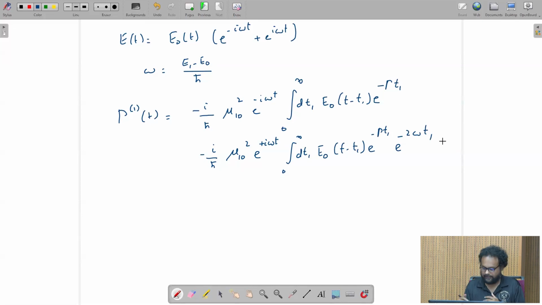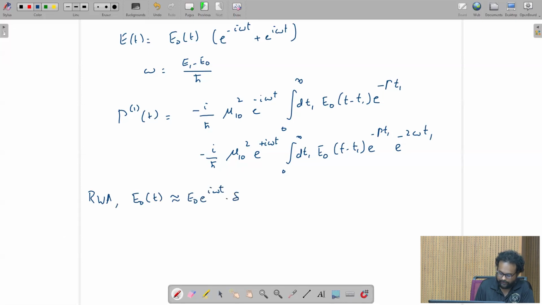Now we have seen something like this. We have something which is oscillating at twice the frequency, and the other not. So we'll make the famous or infamous rotating wave approximation. And let's say we assume a delta excitation, which means E naught of t is E naught, e to the power i omega t, multiplied by a delta function.